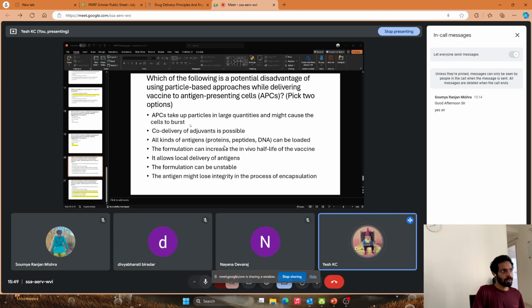So it's not really more of a choice. In fact, I would say viral based delivery poses certain risks that particle based delivery does not. For instance, viral based deliveries can still elicit immune response against the virus itself, which has happened against the adenoviruses. Adenoviruses are the viruses that are routinely used to deliver this genetic material, RNA or DNA antigens, right?